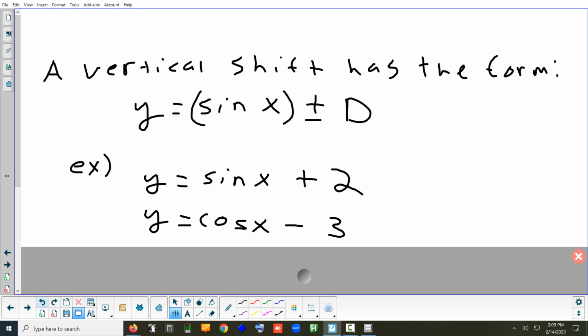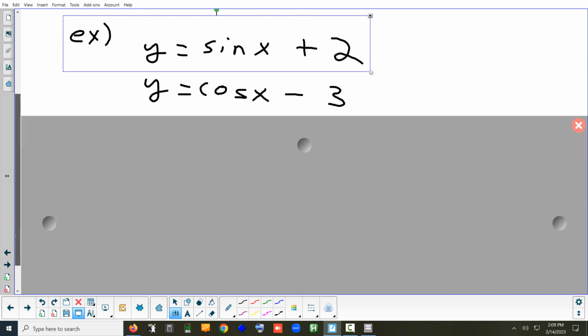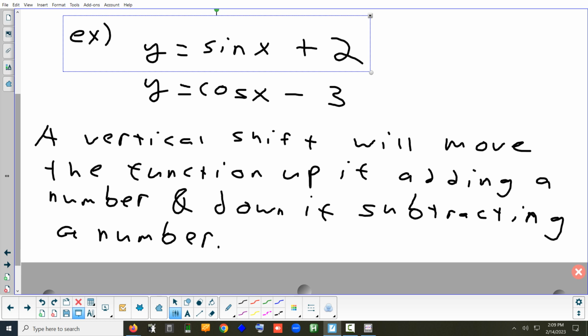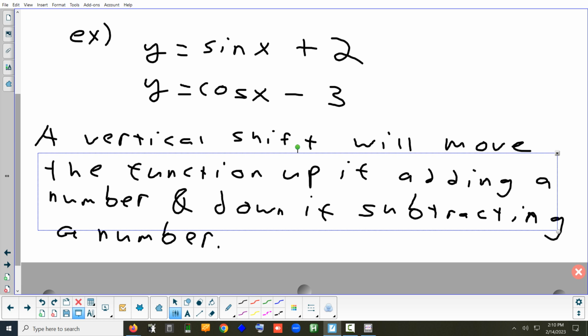This is not backwards. I don't know any other way to say that. Because people mix it up on the test. They see a plus here and they move it down too. That's wrong. When you're doing vertical, plus is up, minus is down. So up if you're adding, down if you're subtracting.